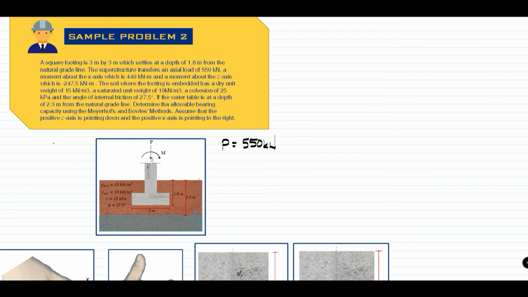Nag-transfer na din ng loads na moments which are moment about x, which is 440 kilonewton meter, and a moment z, which is equivalent to negative 247.5 kilonewton meter.